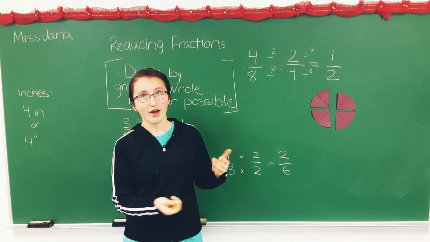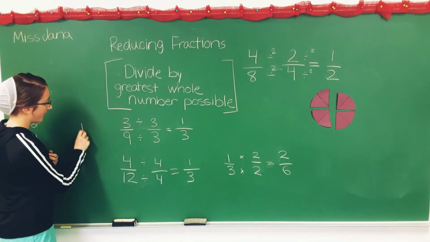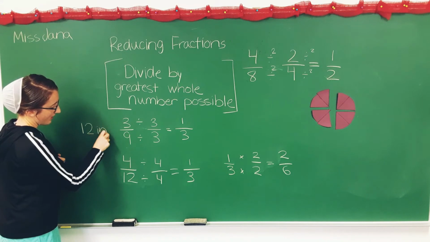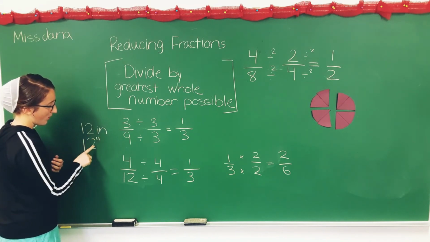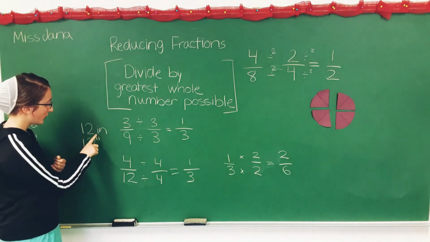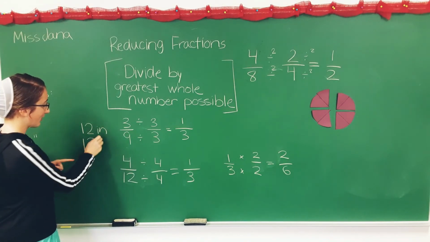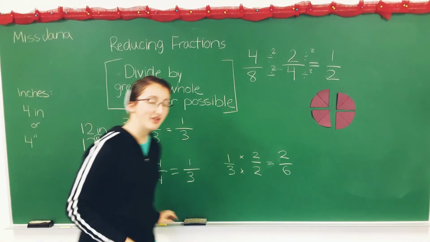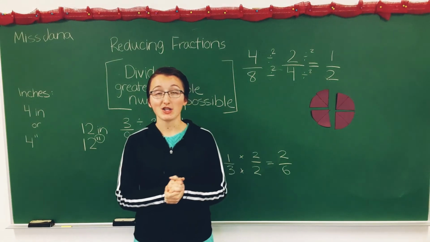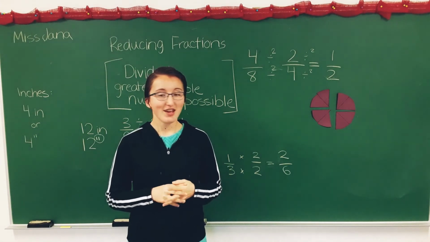So if I had a ruler, which is 12 inches, I could write it 12 like this, or I could write it 12 with little quotation marks, 2 straight lines right after 12. That also means inches. So whenever you see that, you know it's talking about inches and not feet or yards or anything, okay?